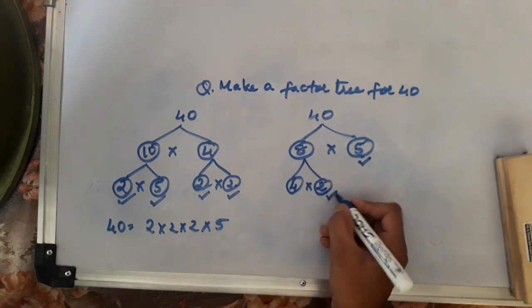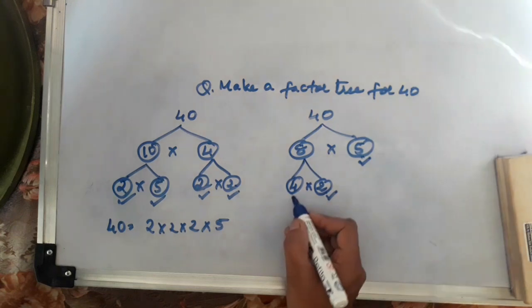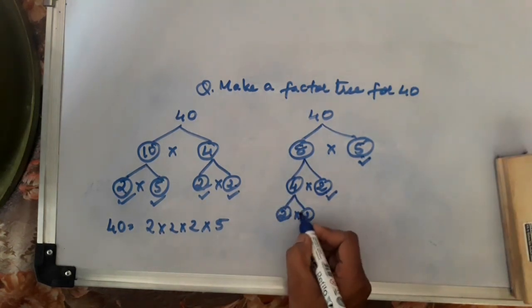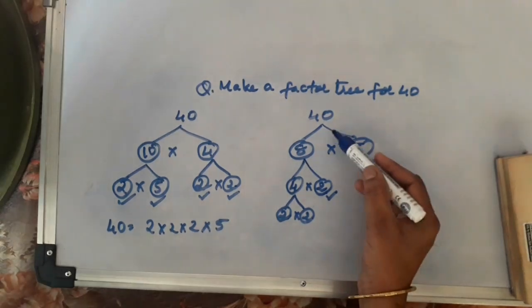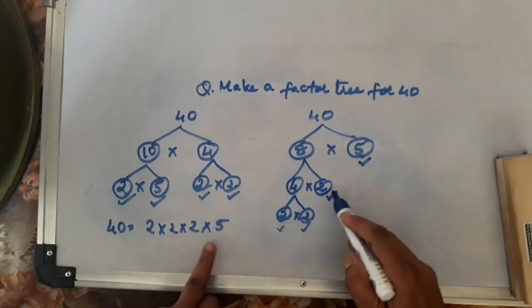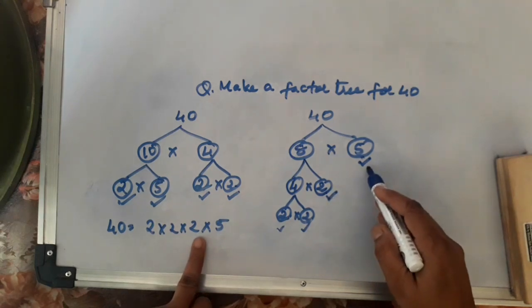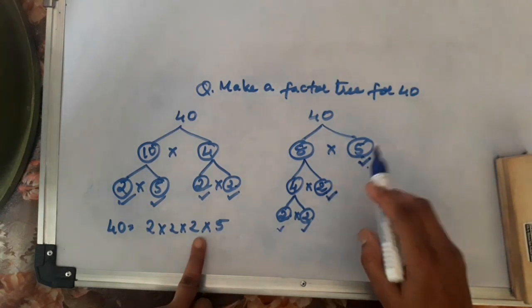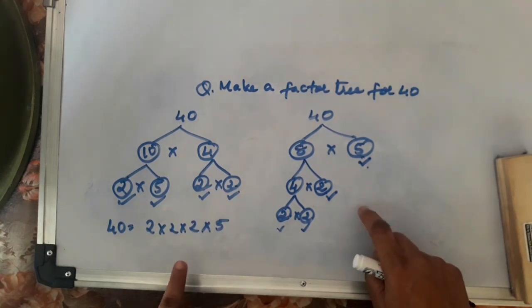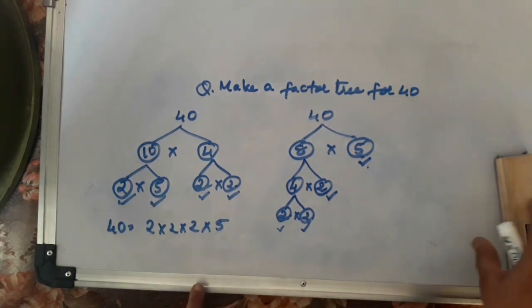We stop this branch and we continue with this branch. So 4 can be written as 2 into 2. So for 40 we got 2 into 2 into 2 into 5. Whatever the way you continue, you will always get the unique factorization of a number.